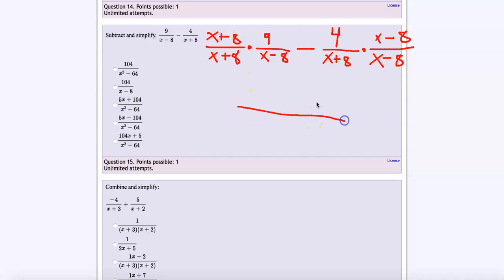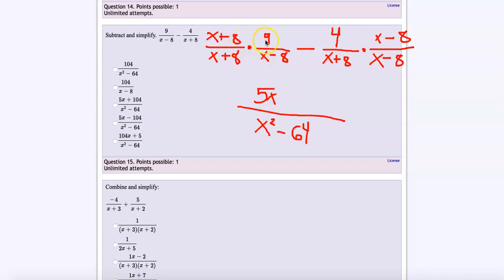Well, my new denominator, x plus 8 times x minus 8, is a difference of squares, x squared minus 64. And for my numerator, I have 9 times x, which is 9x, minus 4 times x, which is 4x, right? 9x minus 4x is 5x.